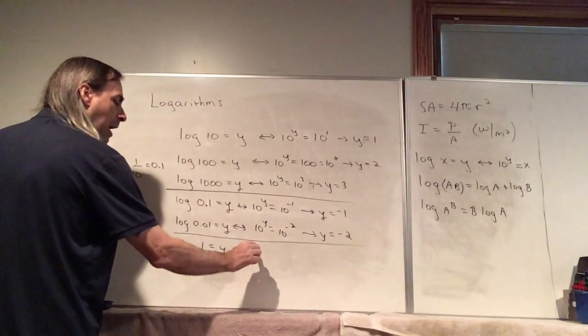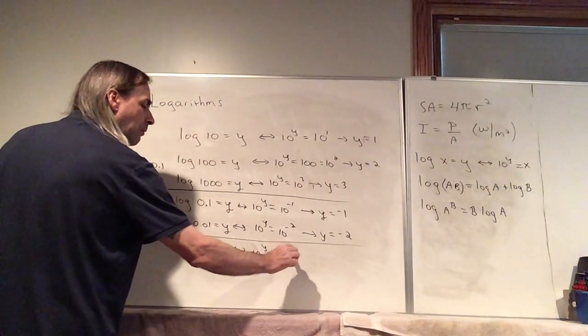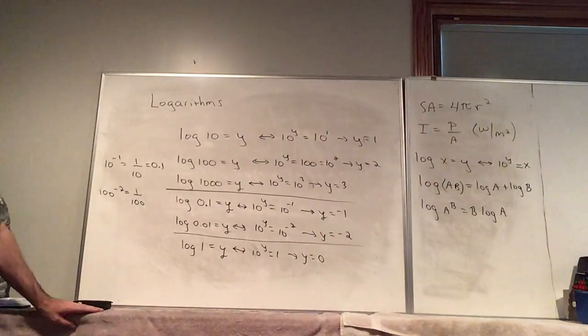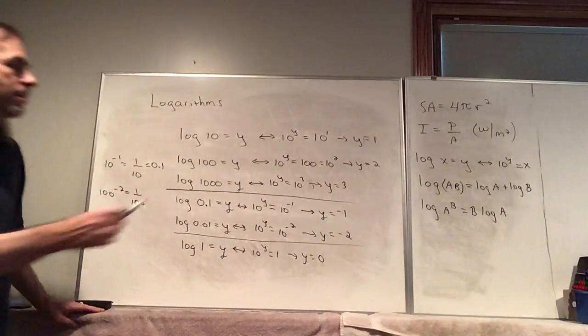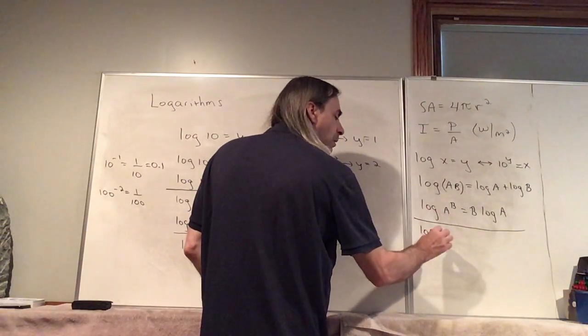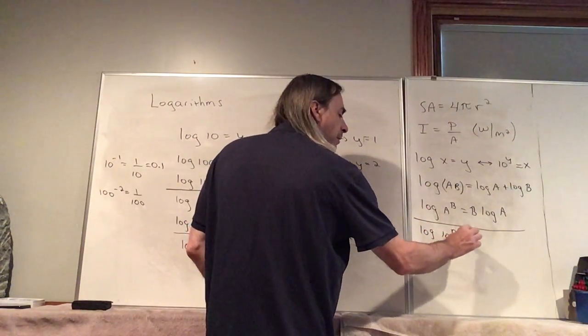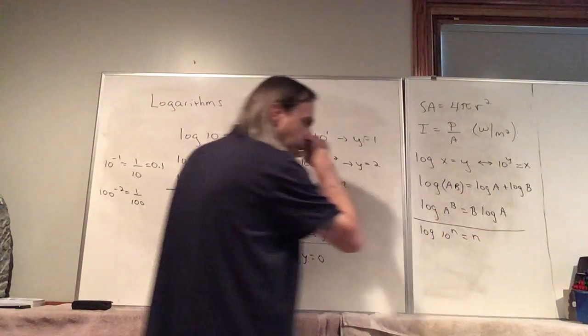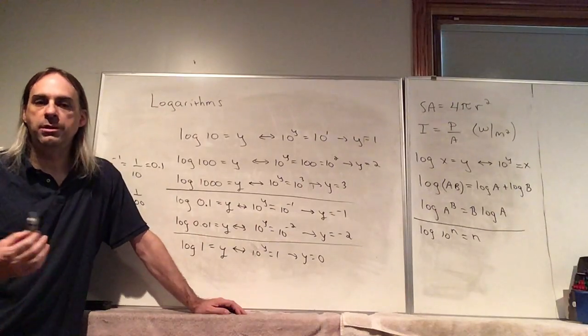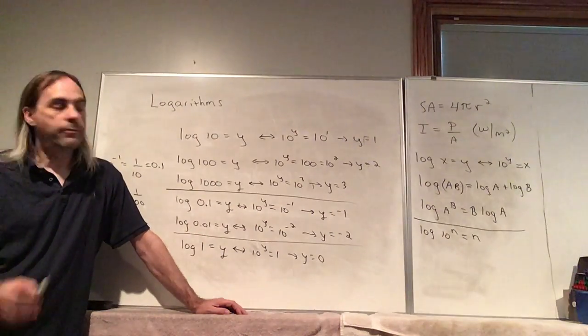That means 10 to the y equals 1, which would mean y equals 0. So this general rule holds up. So we can write this down here. Log of 10 to the nth power equals n. That works for positive integers, negative integers, and 0.